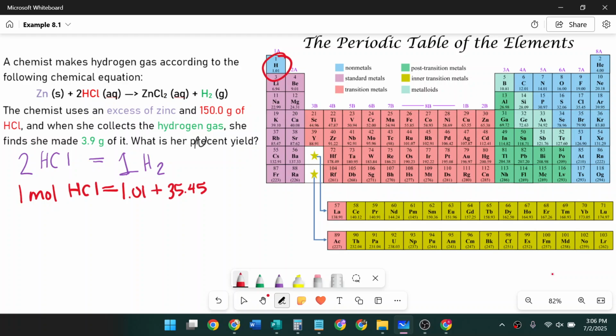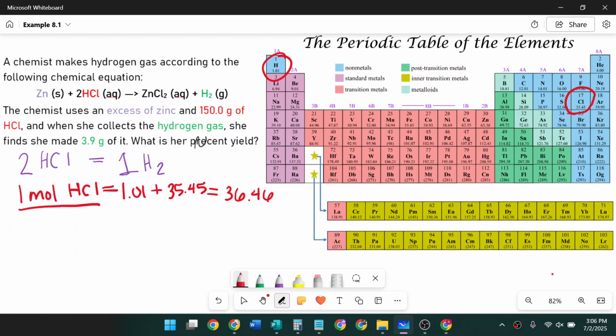I got those off of the periodic table. Let's do that slowly. So we can add that up. And remember, we're adding, so significant figures tells us that we need to keep it at the hundredths place because both of these are the hundredths place. So 36.46. So that's our conversion relationship.